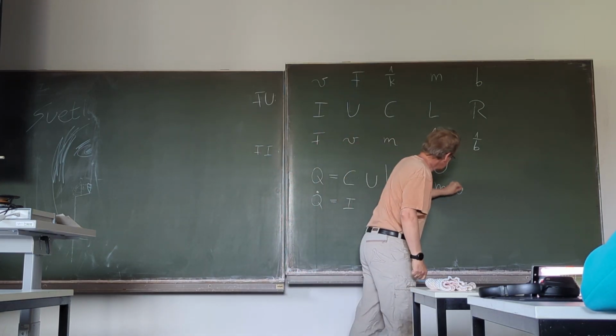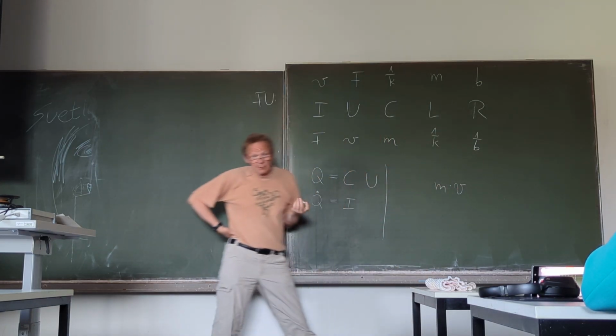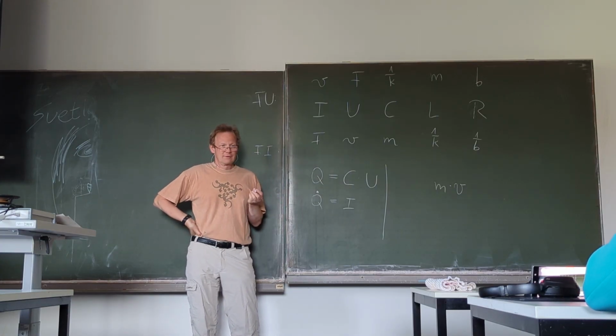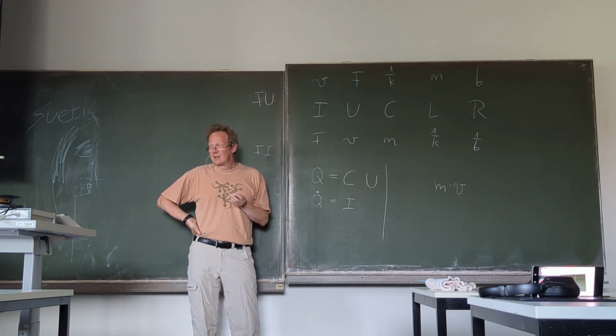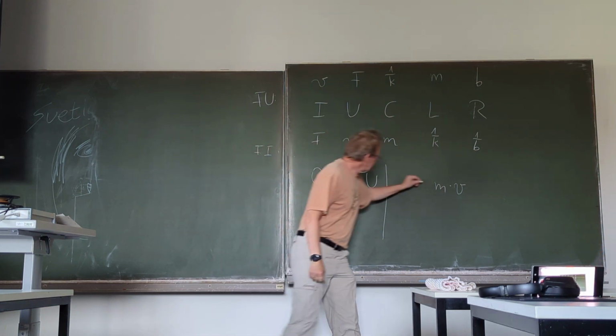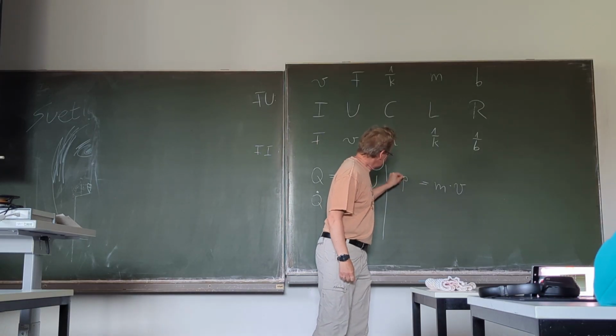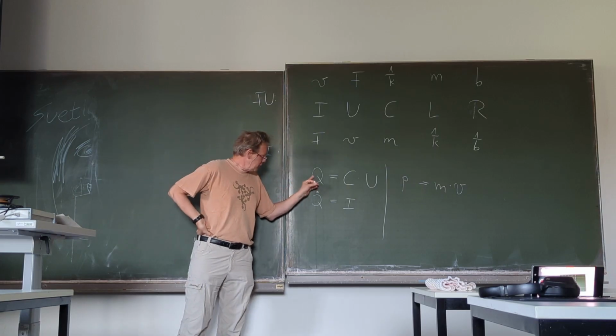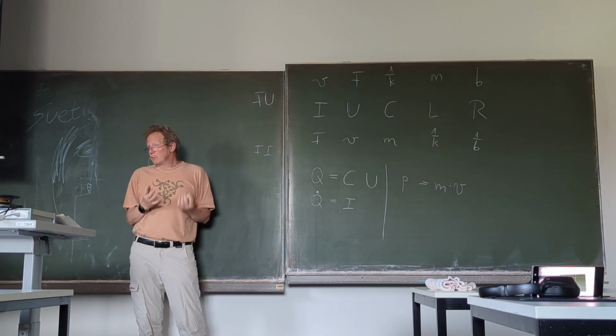Now we see something: this is mass times velocity. I think that's called a momentum or impulse. Is that right? Impulse, okay. So then it's the impulse, let's call it P. So the meaning of an electric charge would be an impulse.